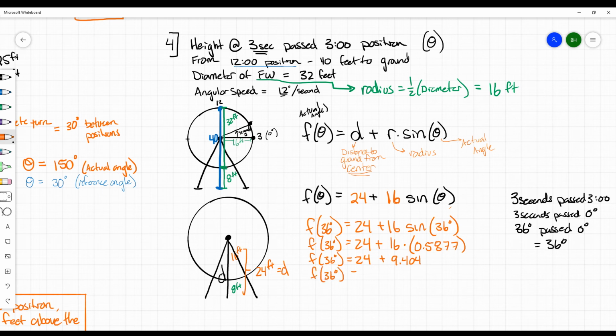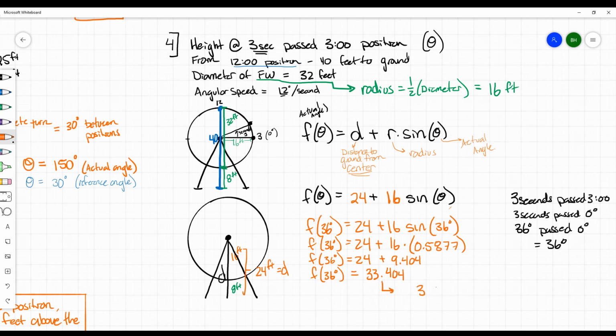This is just to show some work. That equals 24 plus that value, which now my calculator does not want to work, plus 24 is going to be a value of 33.404. And now, remember, this isn't our answer yet.